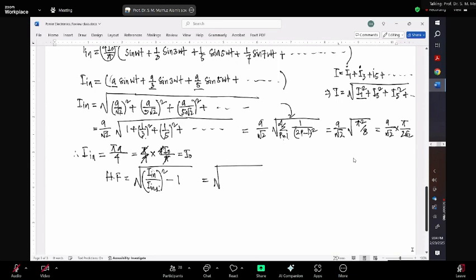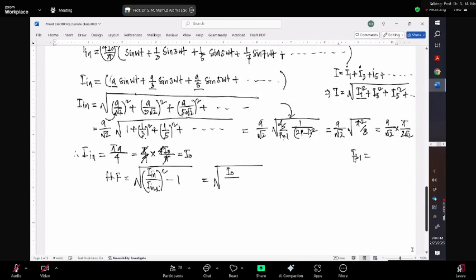So what is the input current RMS value? That is my I naught. And what is the first harmonics RMS value? A over root 2.